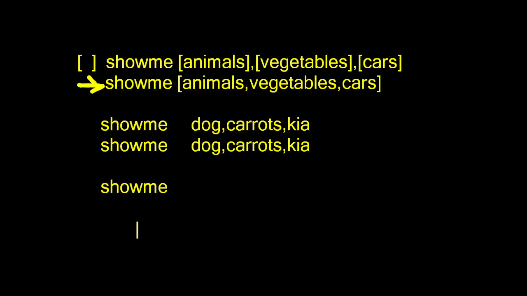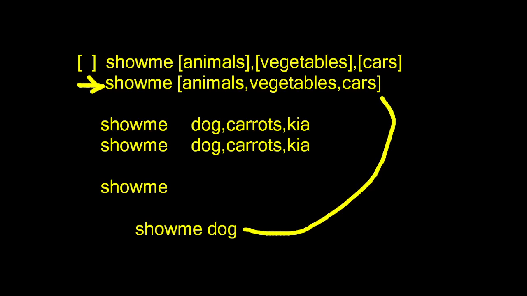So this one is a syntax error. Show me dog, this is a syntax error, because it's looking for a comma followed by vegetable and car.